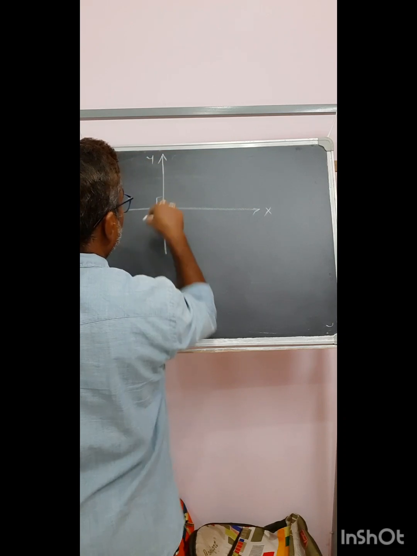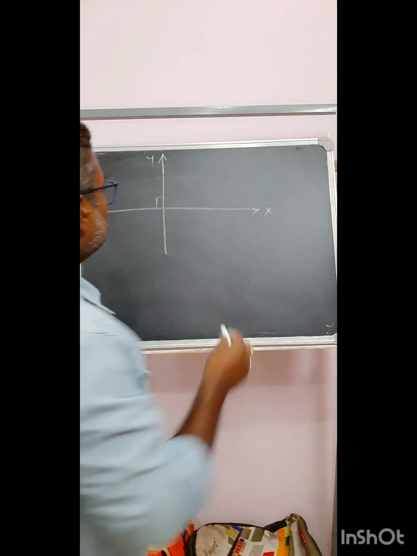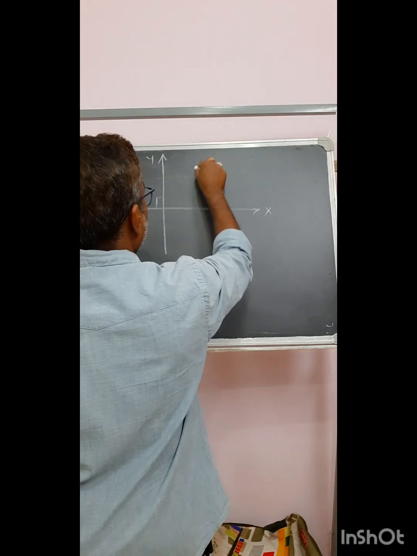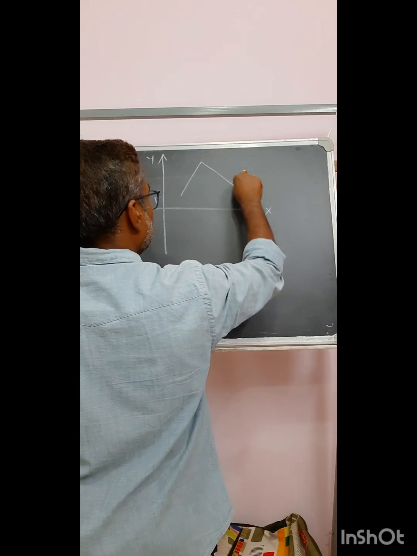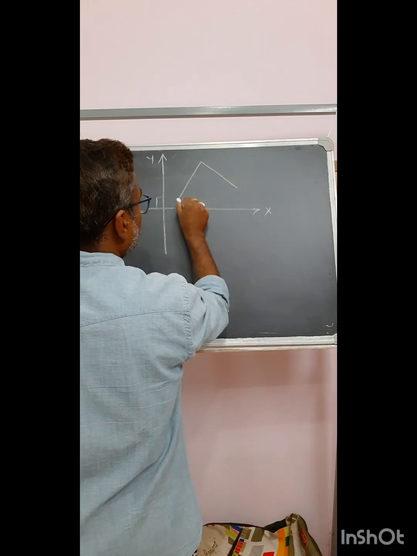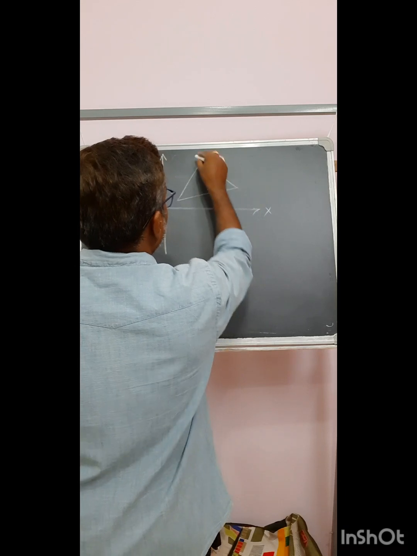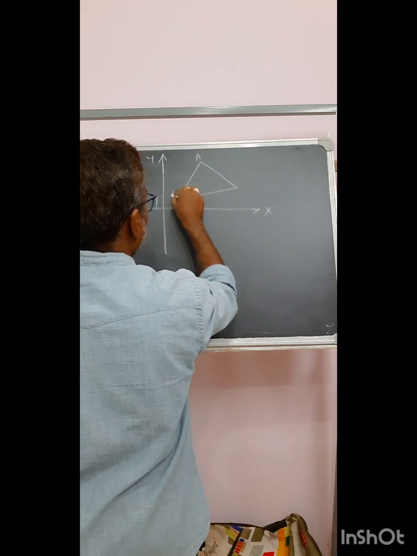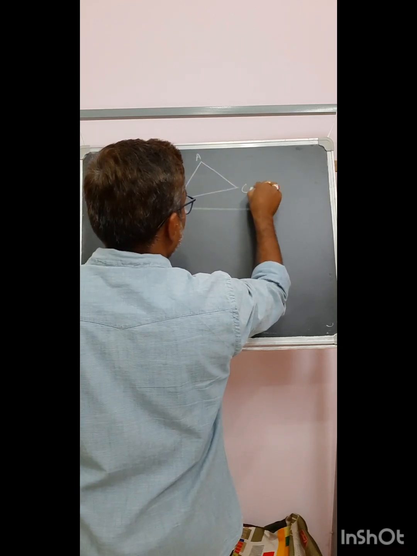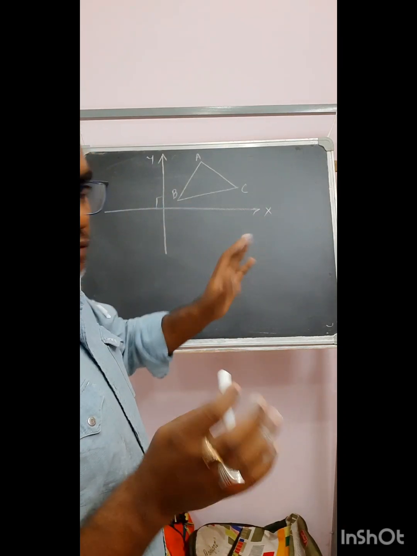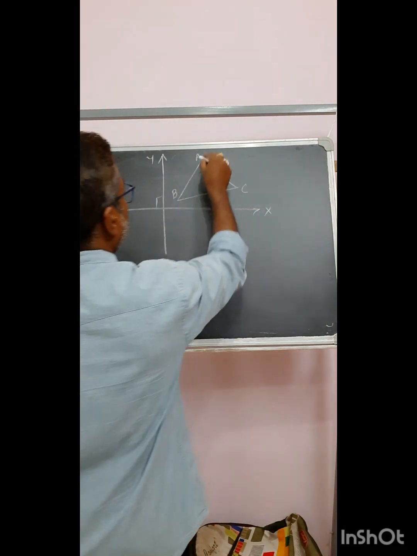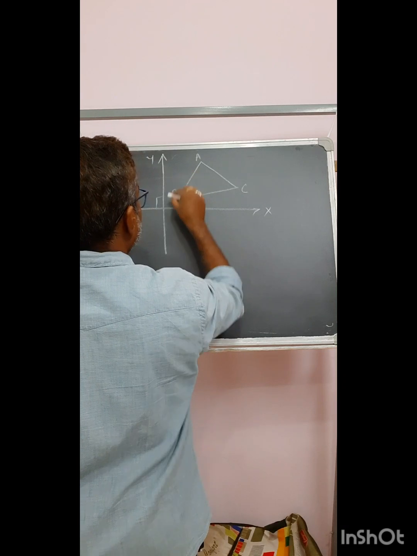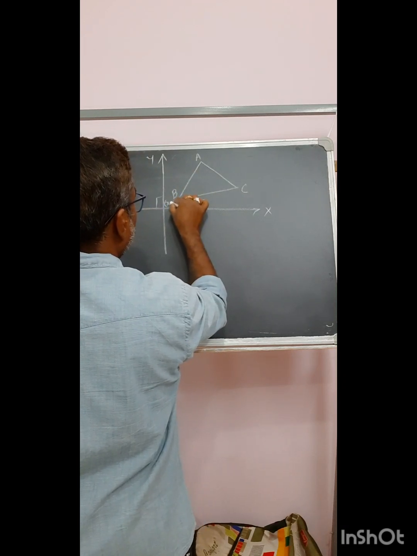They are perpendicular to each other, that you know. So there is a triangle named ABC. For the sake of understanding, I am just leaning the triangle a little bit so that the concept would be much clearer.